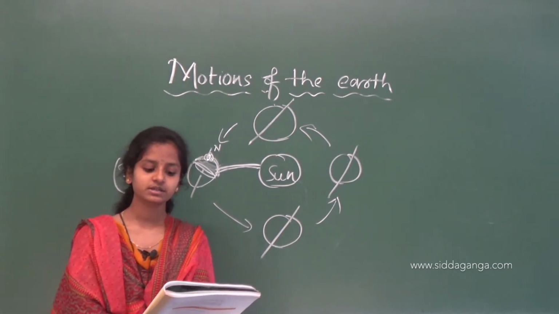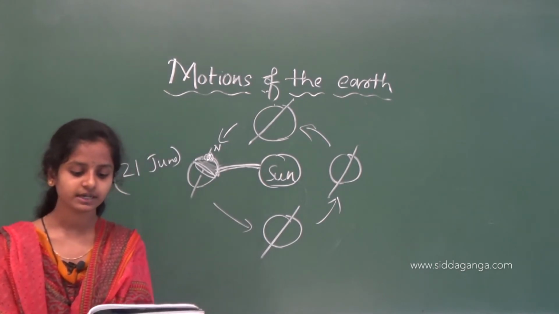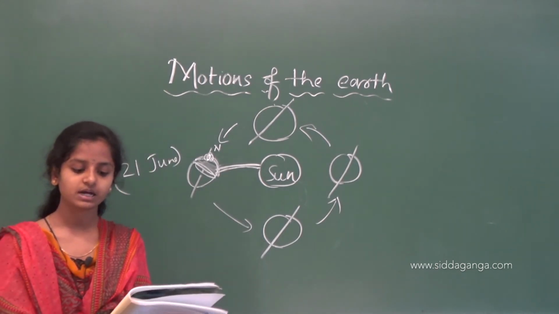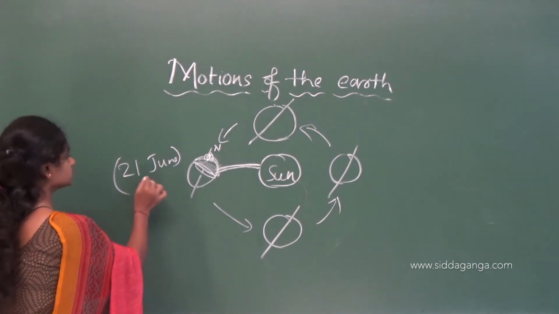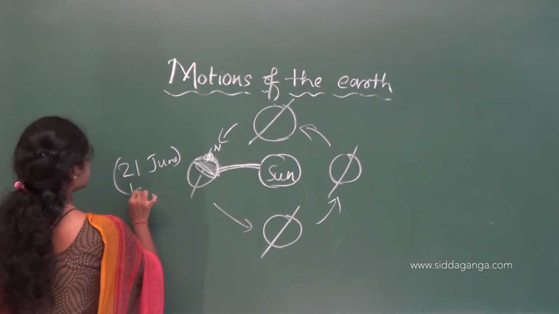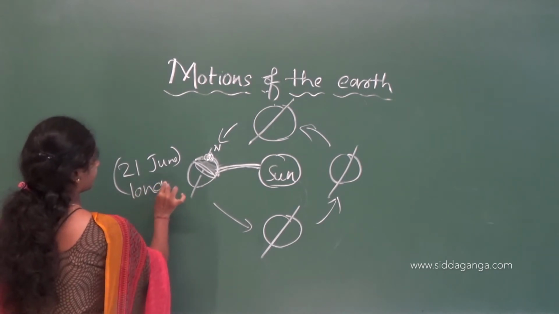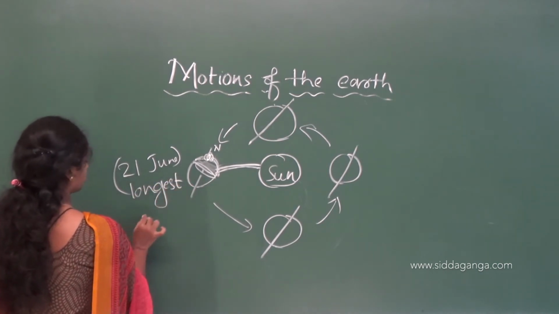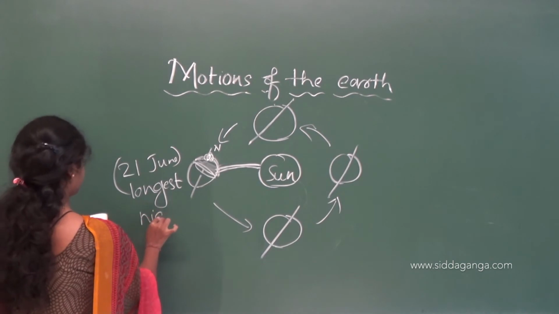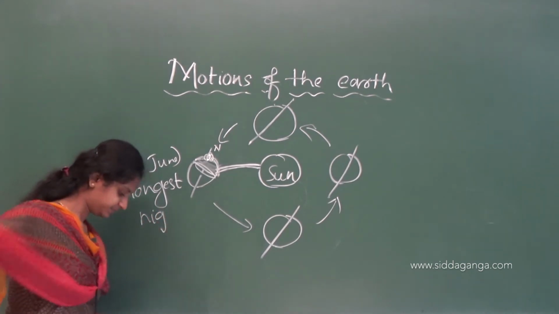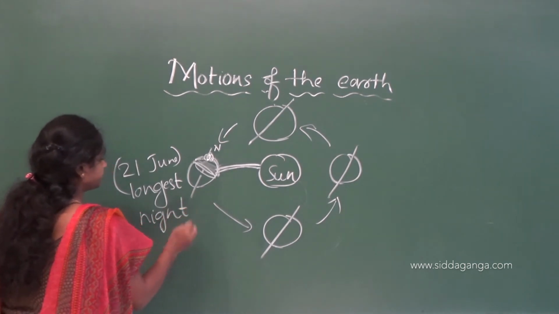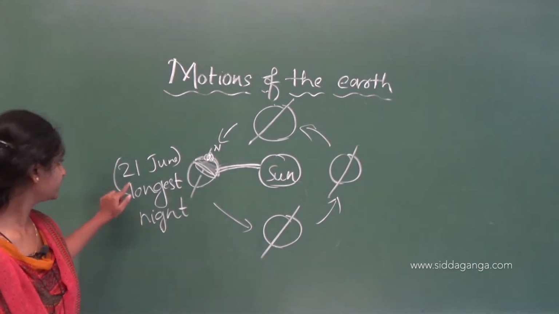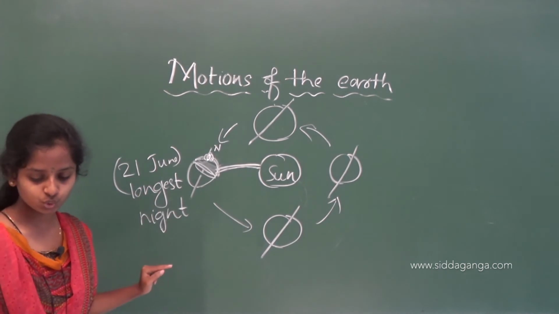The longest day and the shortest night at these places occur on 21st June. So here the longest day and the shortest night will happen on 21st June.